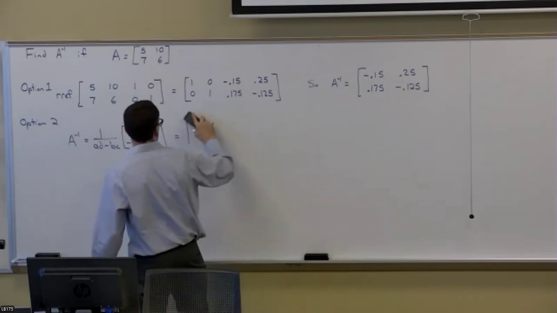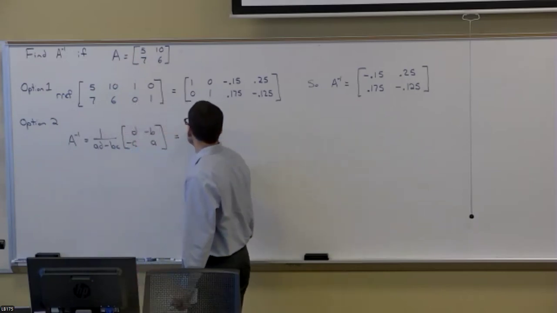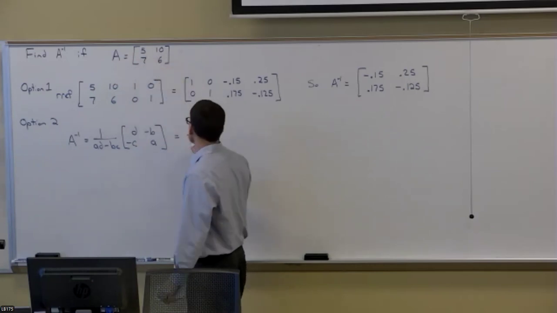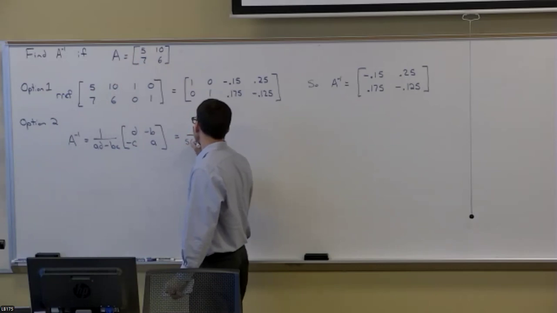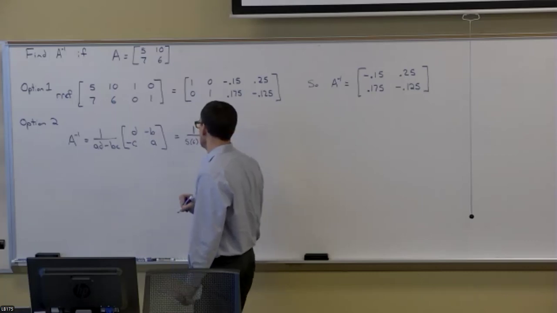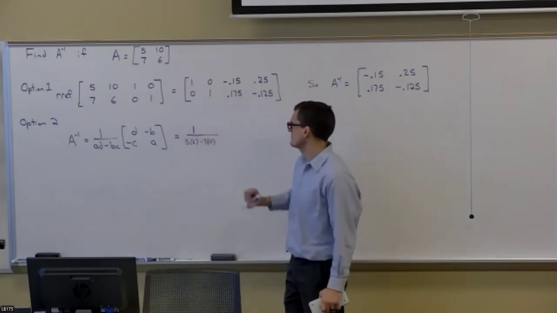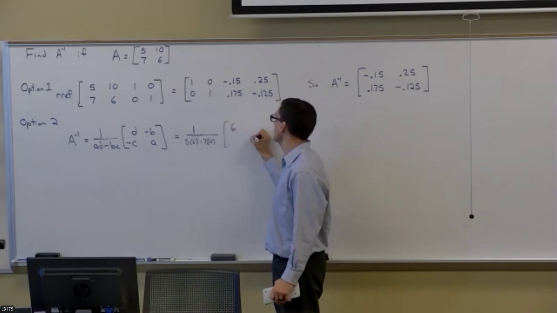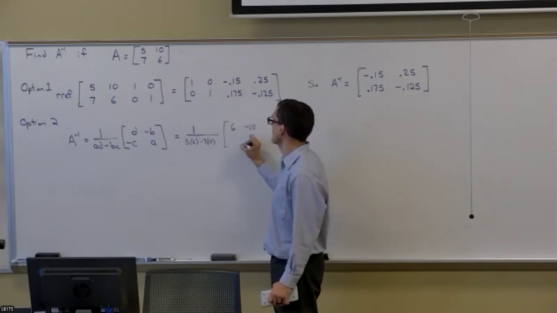So what that would be, I'd have the scalar 1 over 5 times 6 minus 7 times 10, or 10 times 7. I'll put a 6 here, a 5 here, negative 10 here, negative 7 there.